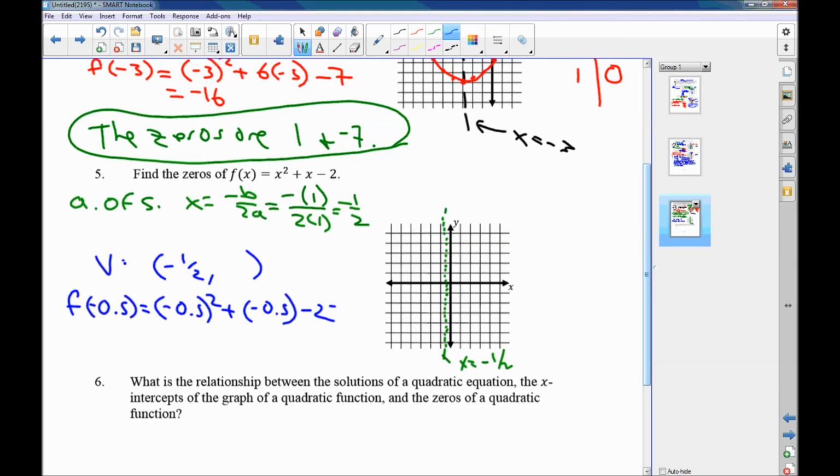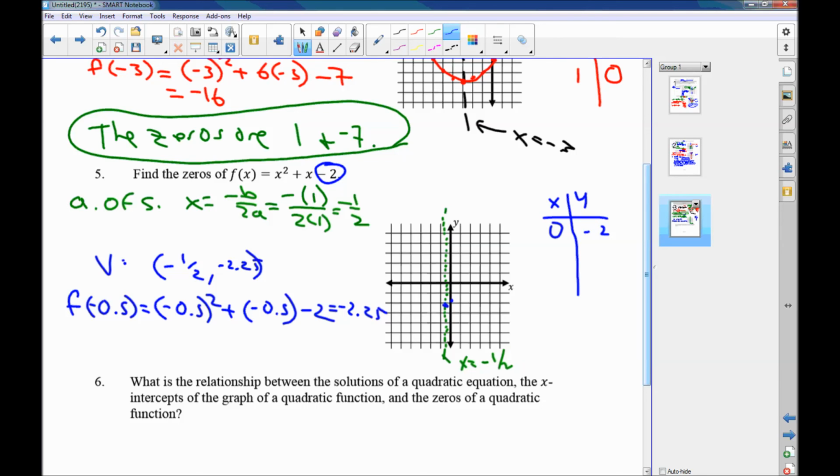Okay. So that's a little more than 2 down, 2 1/4 down. All right, so I'll make my table here, plot some points, x and y. The first one I'm going to do is x equal to 0, and that's easy. That's the c value, so negative 2, no work involved.